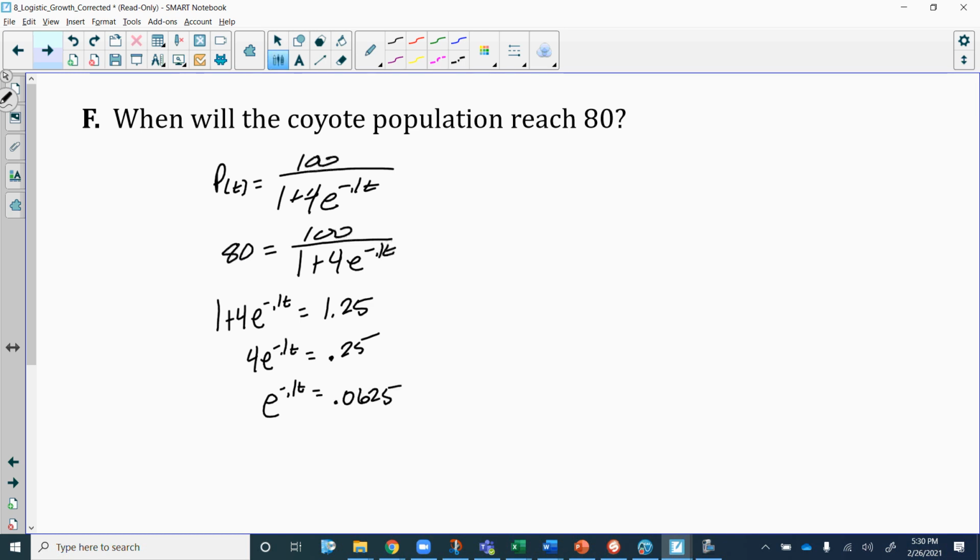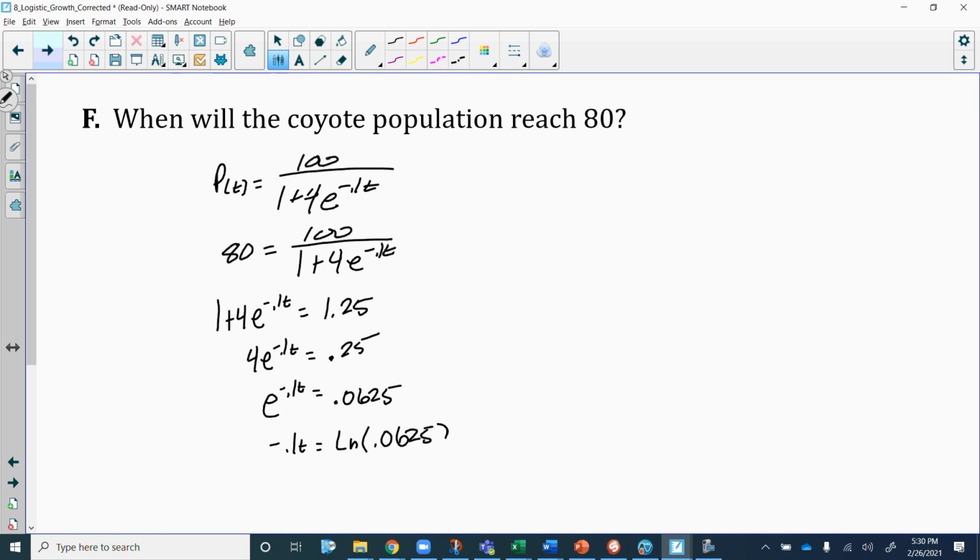0.0625, and now this is where we have to exponentiate again using your log loop. We take the natural log of both sides, and we get negative 0.1t equal to the natural log of 0.0625.